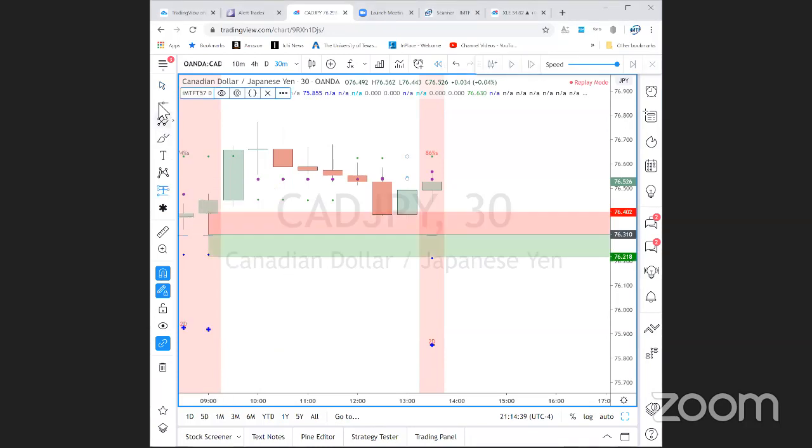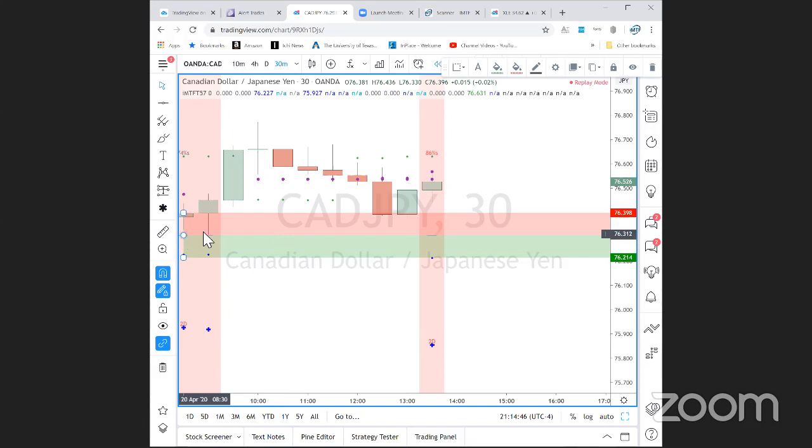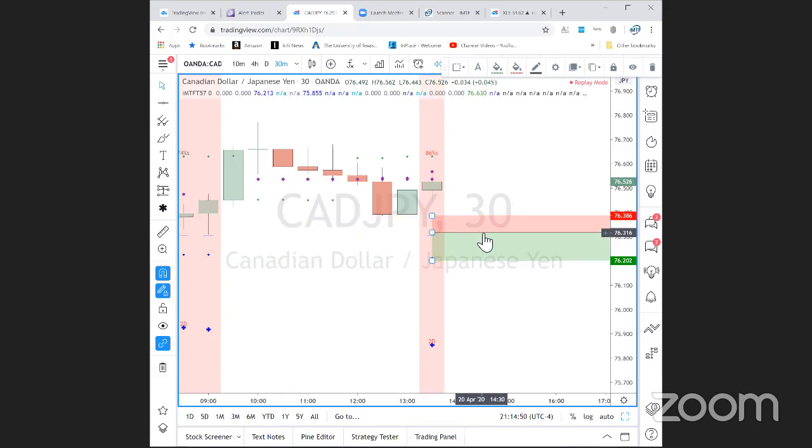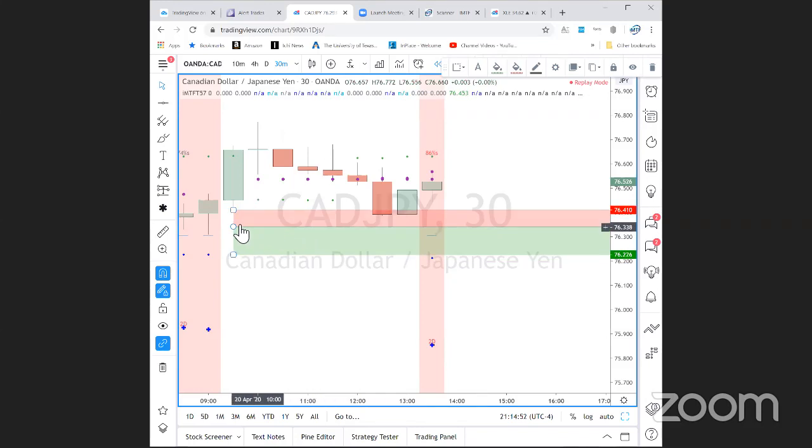I'm going to put a simple reward risk tool here so you can see this trade. And I'm going to shrink this down. Whoa, too much of a shrink. Let me shrink this down.